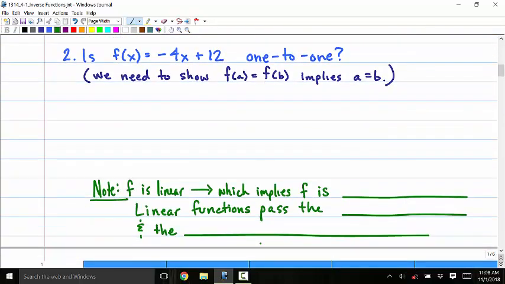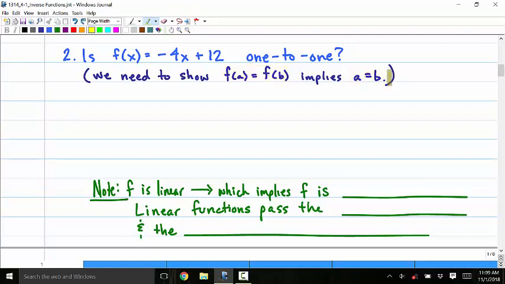Okay, number 2. Is the function f of x equals -4x plus 12, is that one-to-one? To show that algebraically, we need to show that f of a equals f of b implies that a equals b. In other words, if the y values are the same, then the x values have to be the same.